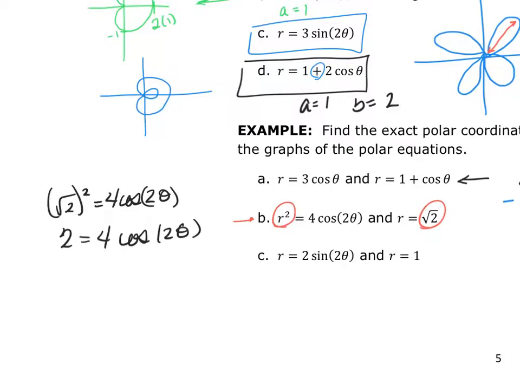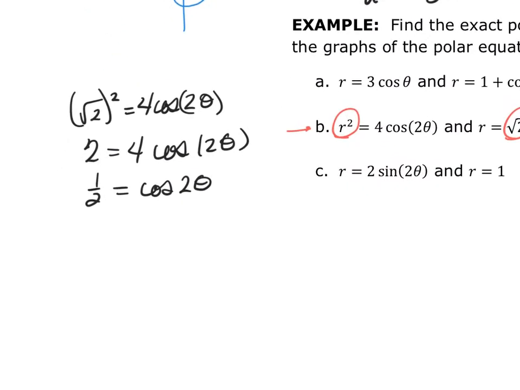I divide both sides by 4, so I get 1/2 is equal to the cosine 2 theta. And I ask myself, where does the cosine equal 1/2? Well, again, that's at pi over 3 plus 2 pi k, and also at 5 pi over 3 plus 2 pi k.